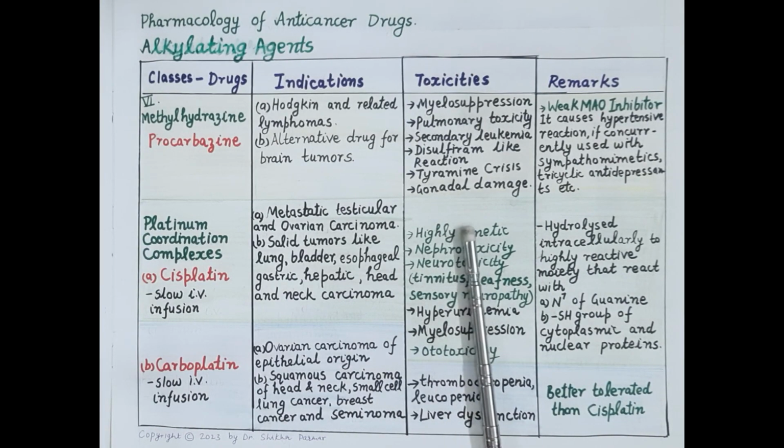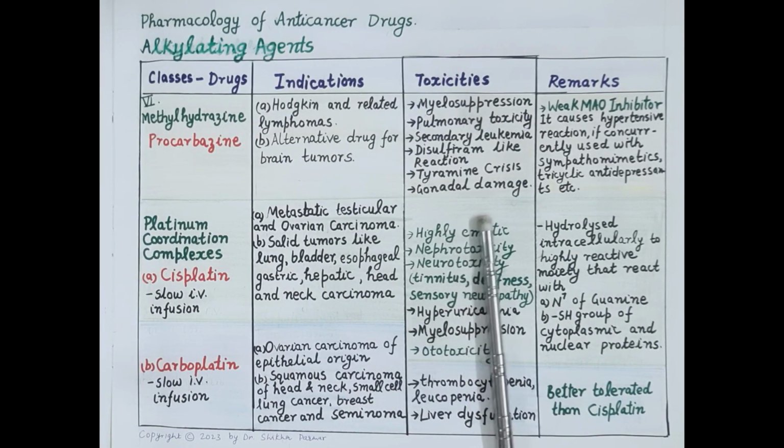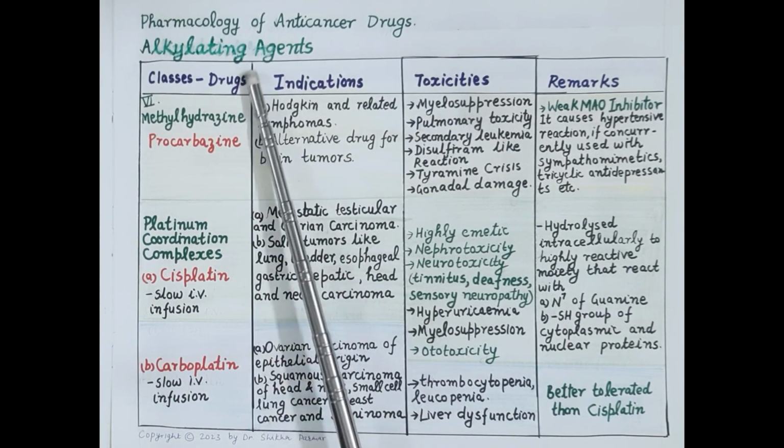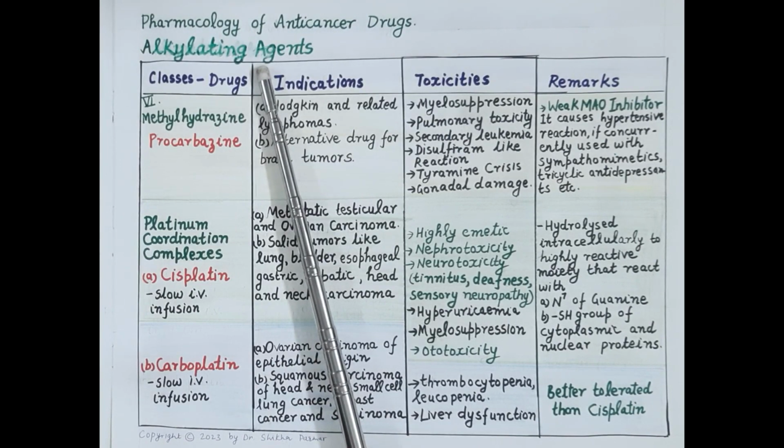Procarbazine can also cause gonadal damage and sterility. So, these are the main anti-cancer drug classes that are included under the alkylating agents.